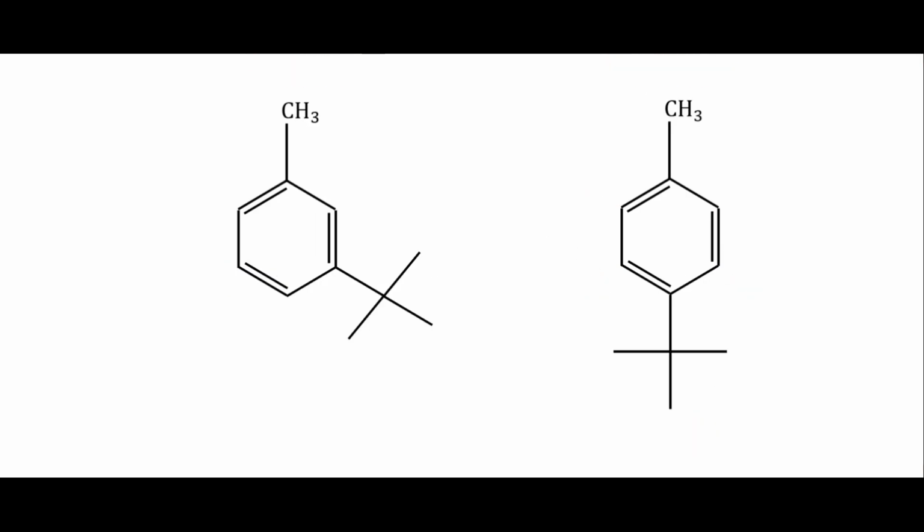Then if we look at something like this, where we now have two activating groups on it, they're both about the same strength of activating groups. They're both alkyl groups, but now one of them is very large, and the other one is a lot smaller. So now we are looking mostly at the steric hindrance here. Like I said, they are all activators, they're all OP directors, but what we're interested in here is the steric hindrance.